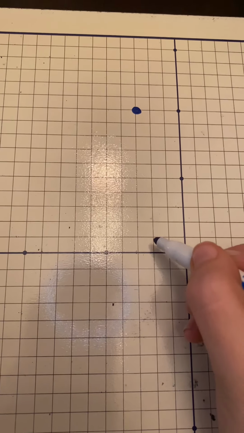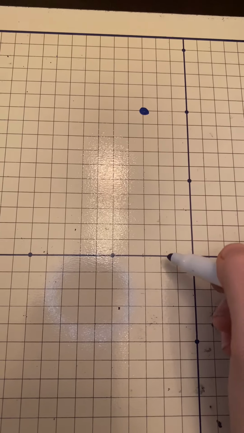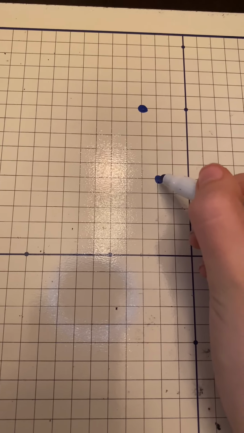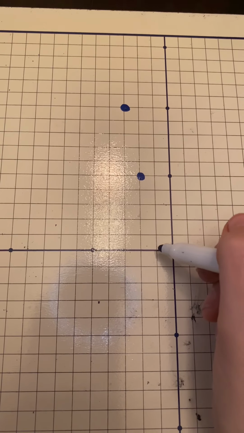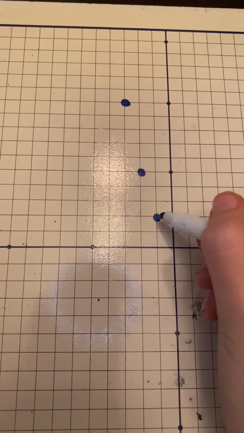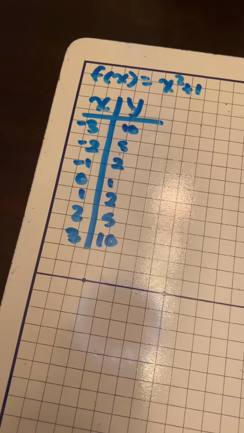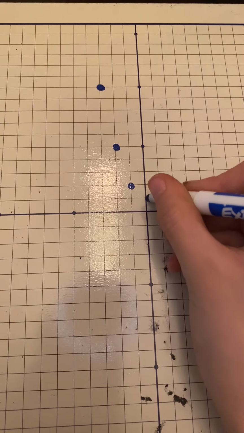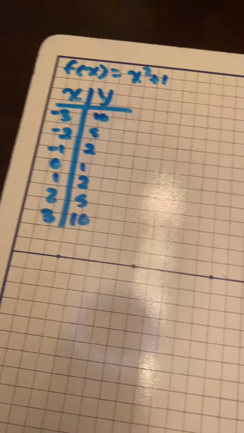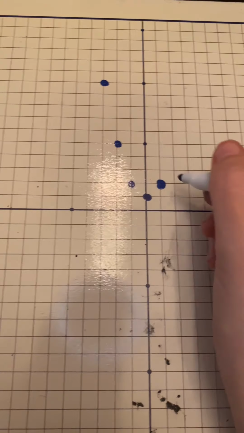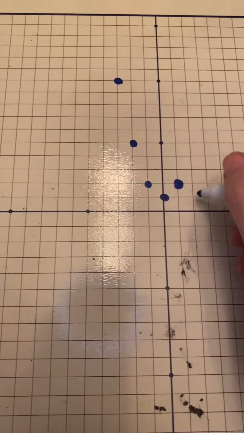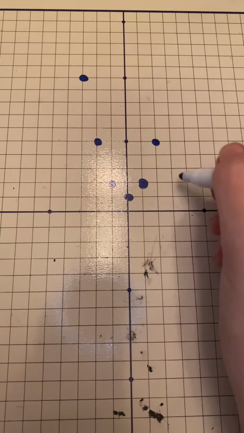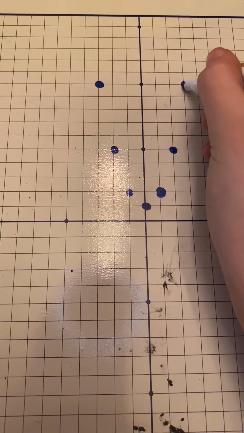Then -2 gives 5, and then -1 gives 2, and then 0 gives 1, and then 1 gives 2, 2 gives 5, 3 is 10, so you go all the way up over here.